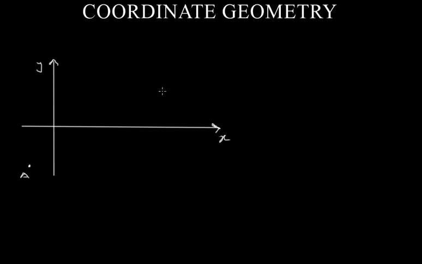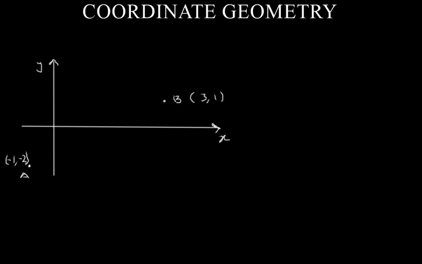And we have another point somewhere up there, and this is point B, and we are given the coordinates of points A and B. Point B has the coordinates 3, 1, whilst point A has the coordinates -1, -2. And you're asked to find the distance between point A and point B.